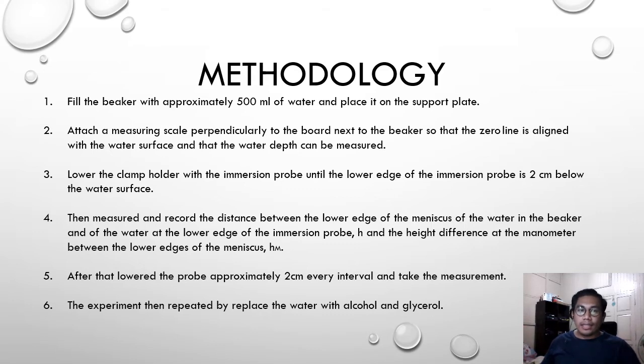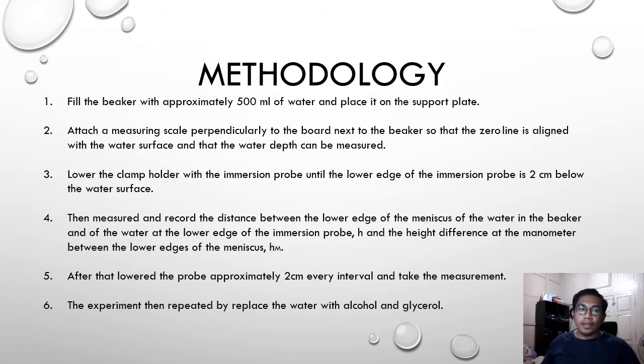The third step is to lower the clamp holder with the immersion probe until the lower edge of the immersion probe is 2 cm below the water surface, and then measure and record the distance between the lower edge of the meniscus of the water in the beaker and the water at the lower edge of the immersion probe, which is labeled as H, and also record the height difference of the manometer between the lower edge of the meniscus, labeled as HM.